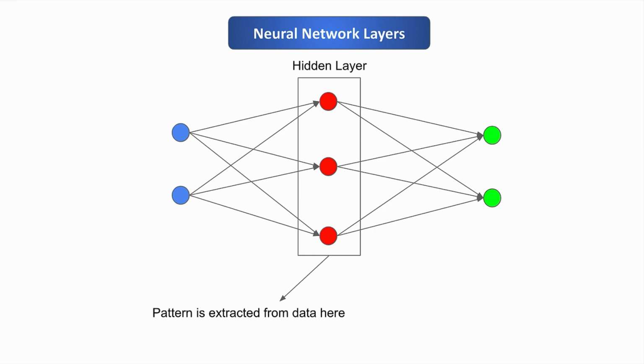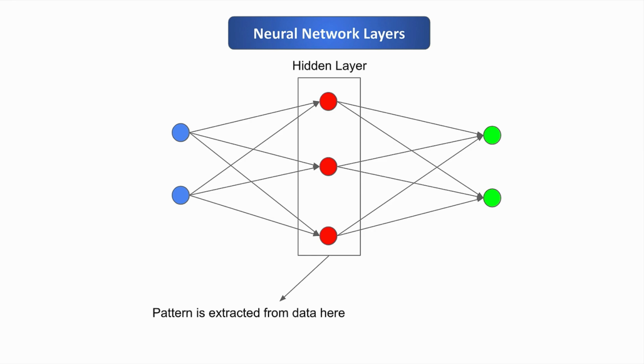Similarly, as it's a very simple neural network structure, it contains a single hidden layer, but there can be multiple hidden layers inside a single neural network. Like here, after this hidden layer there can be one more hidden layer, and the neurons of this hidden layer will be connected to the neurons of that hidden layer, and so on. So inside a neural network, the pattern is extracted at the hidden layer, and there can be multiple hidden layers inside a single neural network.